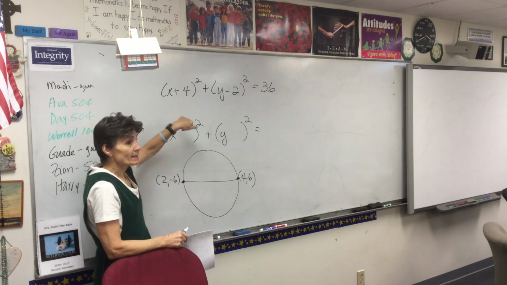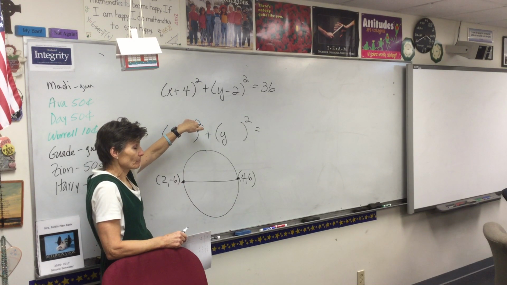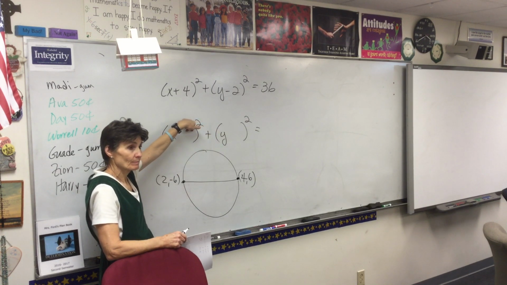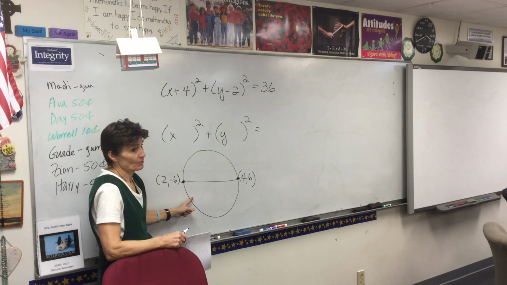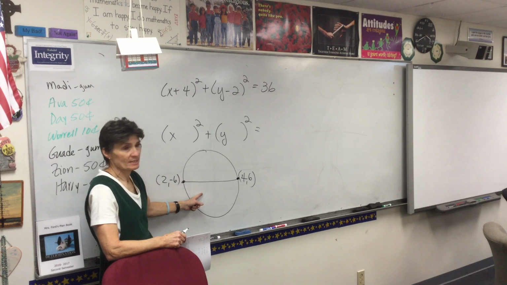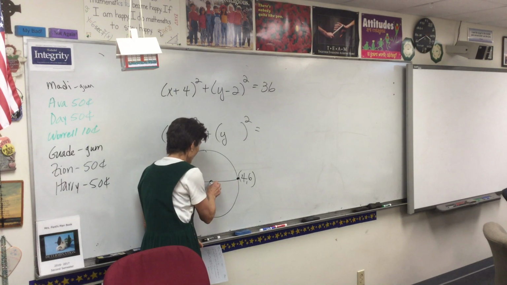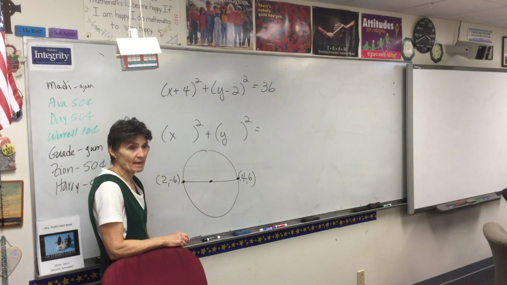Now, when you write this equation, you've got to have the center. They didn't give me the center. Can I get the center from what they gave me? Yes, because I know that the center will be the midpoint of the diameter.